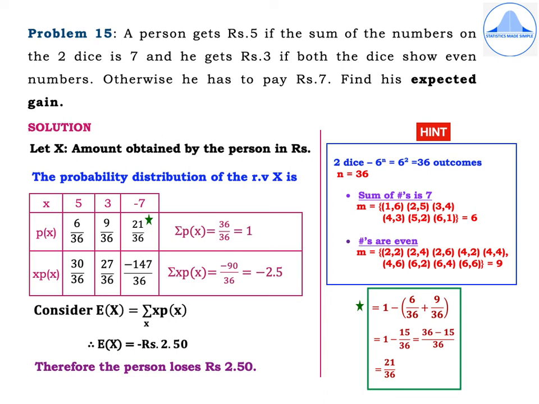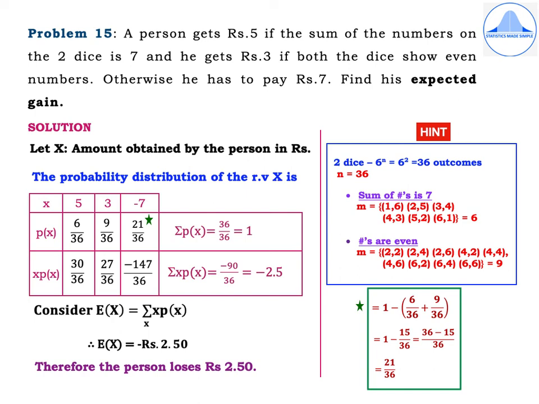Now, the last part is he has to pay 7 rupees. That means he is losing 7. So for minus 7, what is the probability? This I have highlighted by a star, and the calculation is shown under the hint section in the green color box. So now we have to find the probability for the amount minus 7.